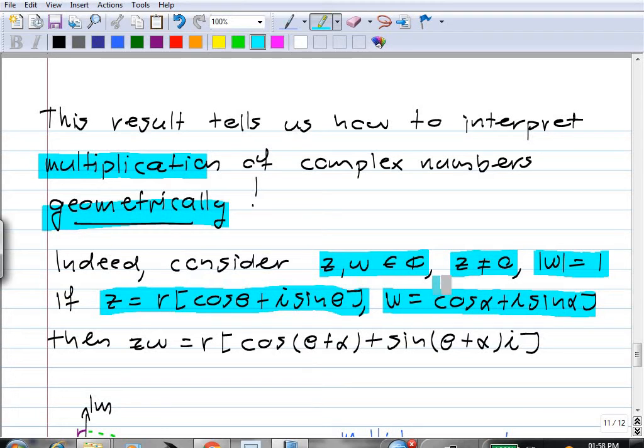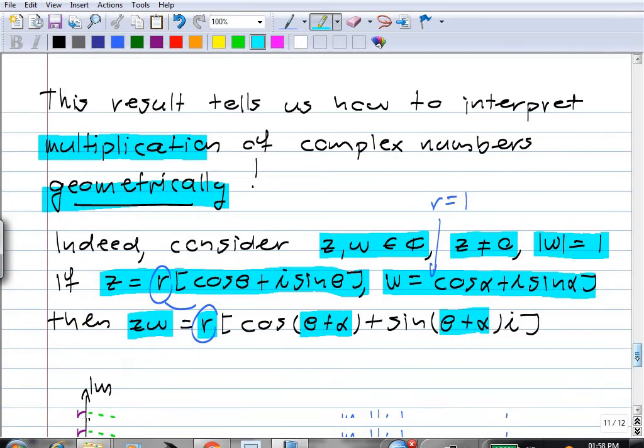We don't have an r here because the modulus of w is 1. So if we apply our theorem, then zw has the same r as z, and the argument is theta plus alpha. So zw is r(cos(theta + alpha) + i sin(theta + alpha)).